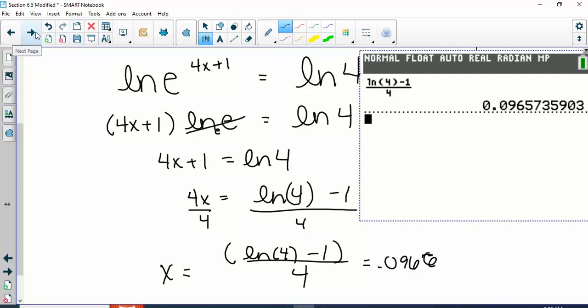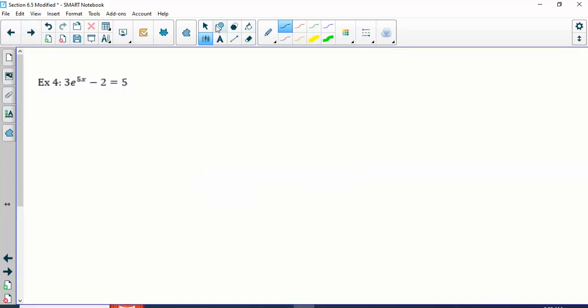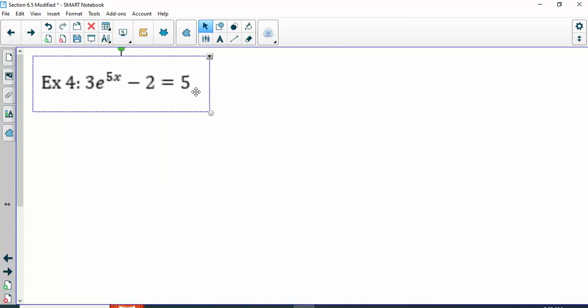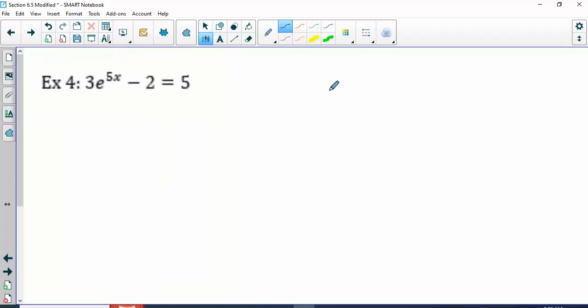All right. Let's try another one together. So what would I need to do first here? And then we add our log. What kind of log would be nicest here?